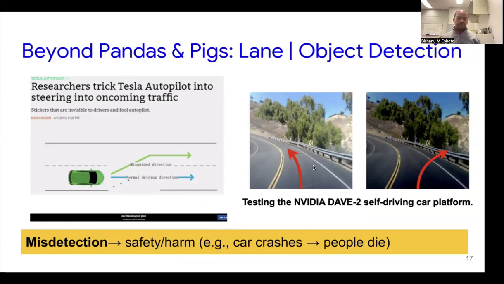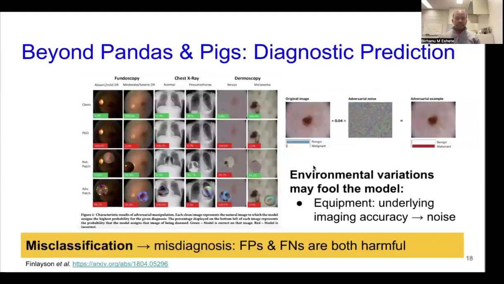Again, researchers have shown that it's possible to, for example, misguide a Tesla autopilot into oncoming traffic, to steer it the wrong way and create safety implications. And what you see on the right is also a simulator that is going in the wrong direction, which is obviously safety critical.